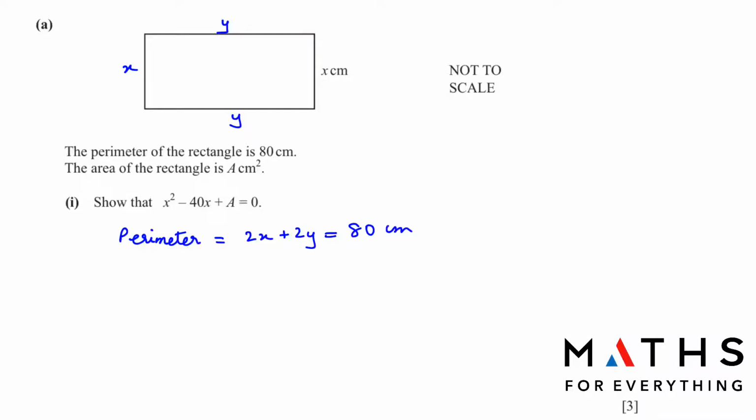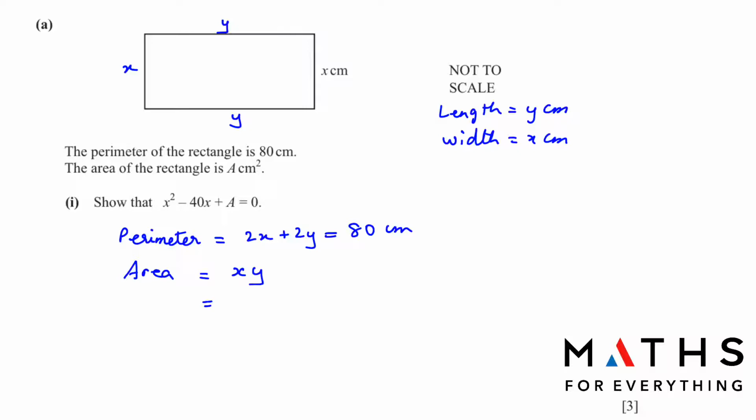What about area? We let the length equal y centimeters and the width is x centimeters. Area is equal to length times width, so x times y.